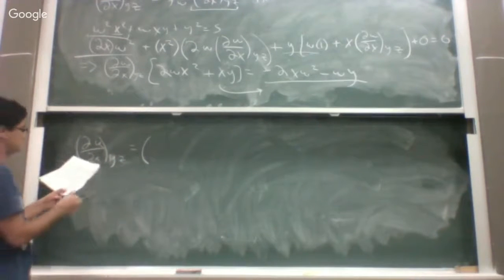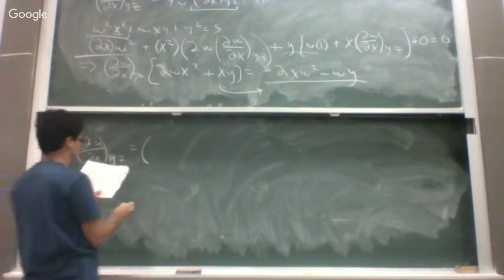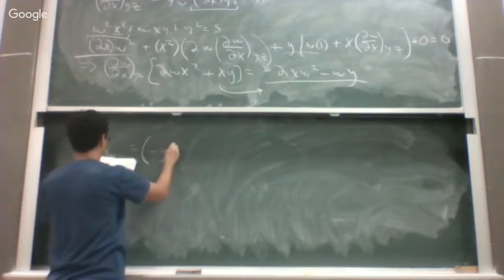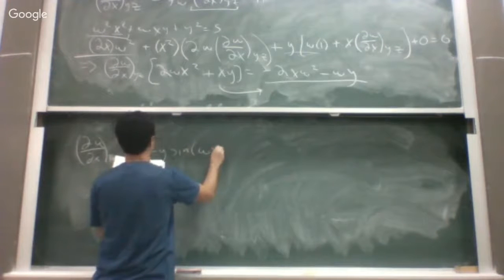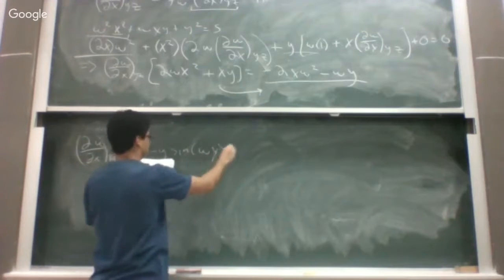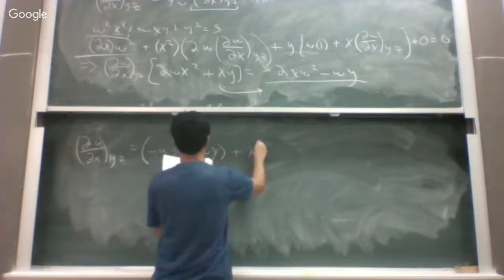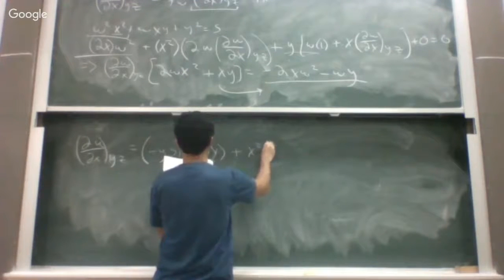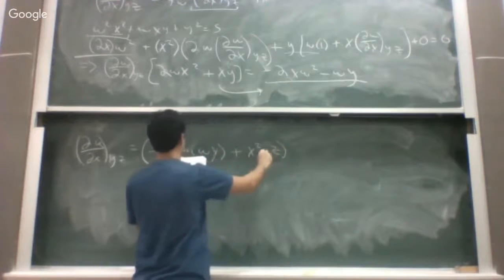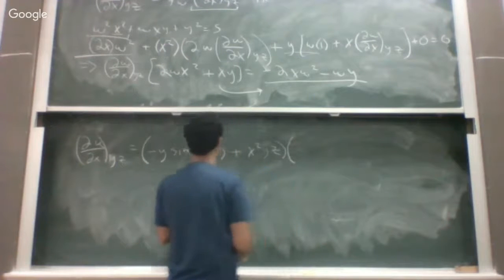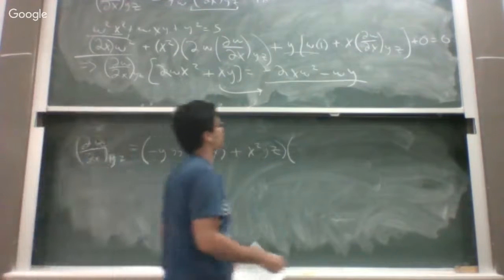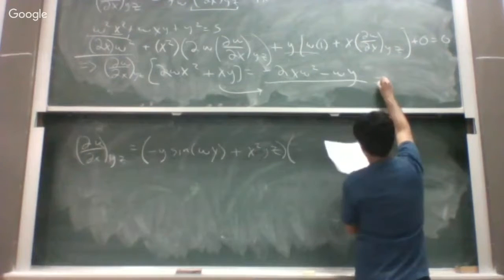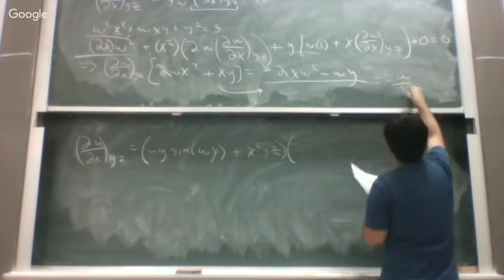I erased it, but negative y times sine of wx, wy, plus x squared yz times now this, but this actually can be simplified to negative w over x.